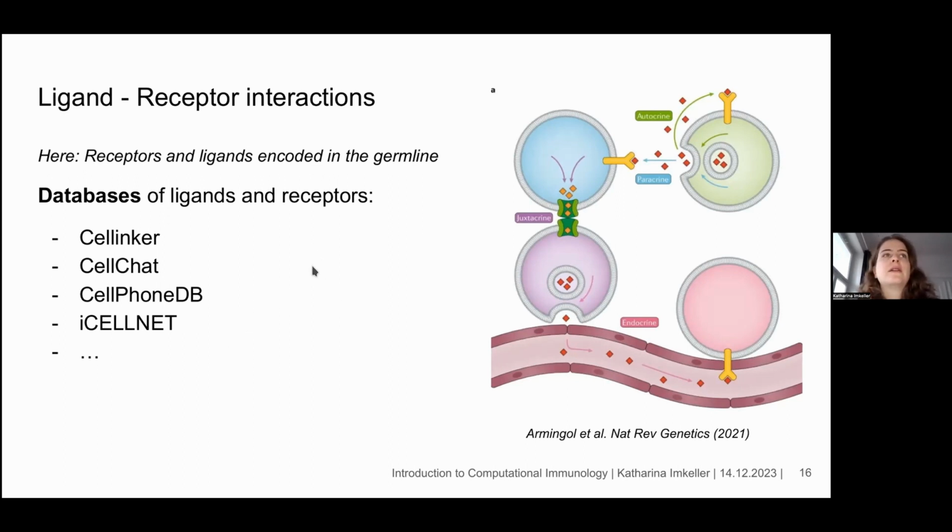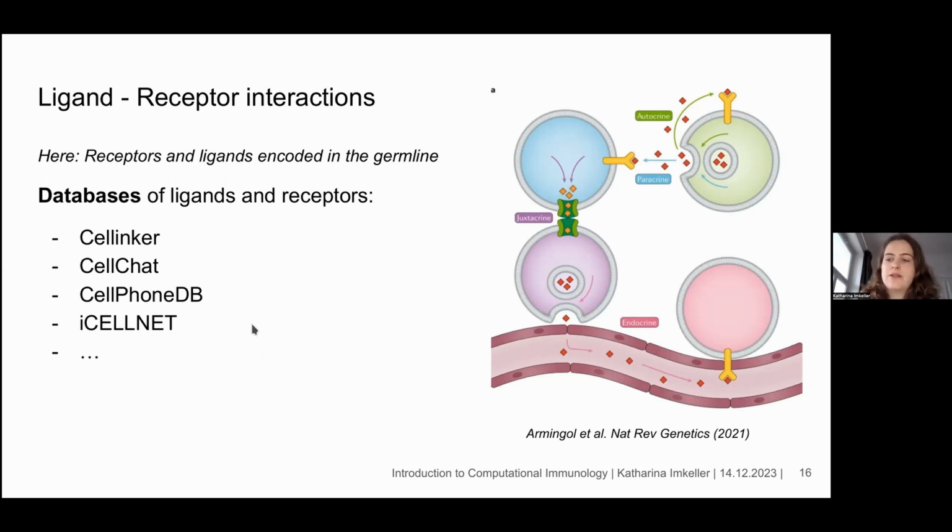And all of these resources are based on databases of ligands and receptors. So these databases contain information on which ligands interact with which receptors. I list a few here. If you're interested in the topic, there's also a nice review that I can recommend. And please note that here I'm only talking about the receptors and ligands that are encoded in the germline.